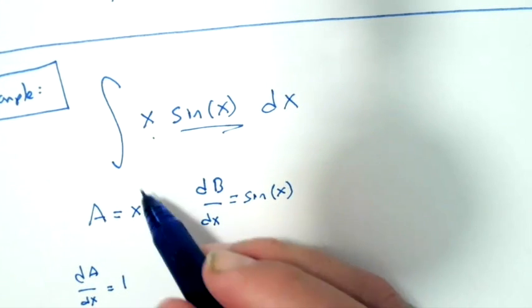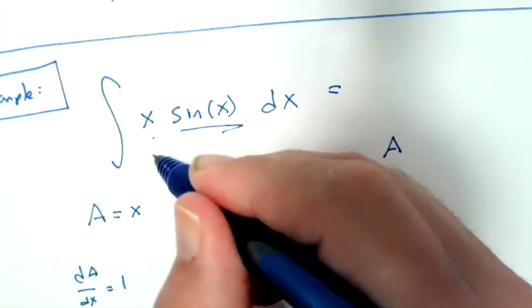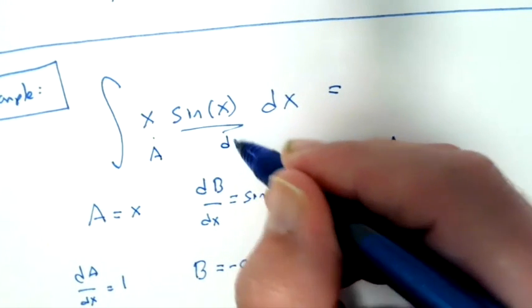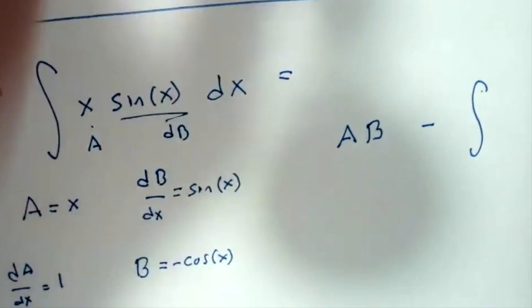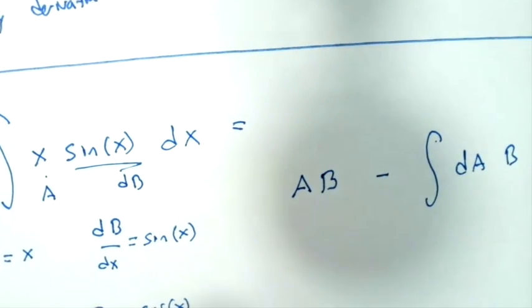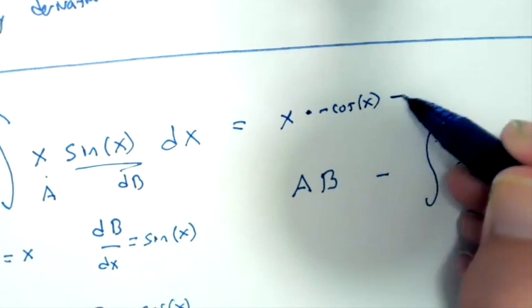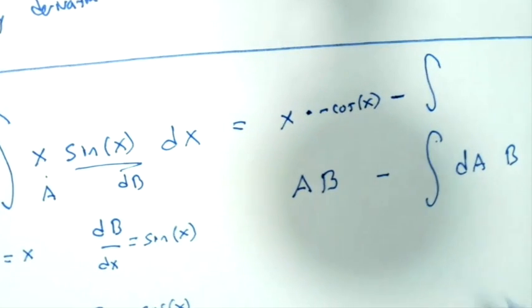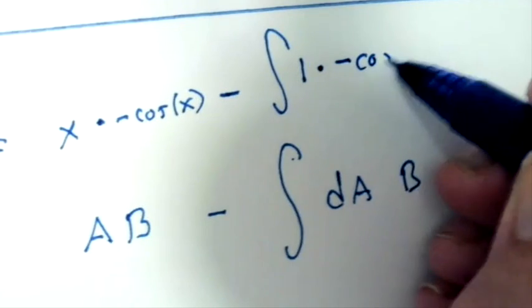Now I plug all these pieces into the pattern, which is that the integral of A dB is equal to AB minus the indefinite integral of B dA. My A is x, my B is negative cosine of x, minus an integral where dA is 1 times B, which is negative cosine of x.